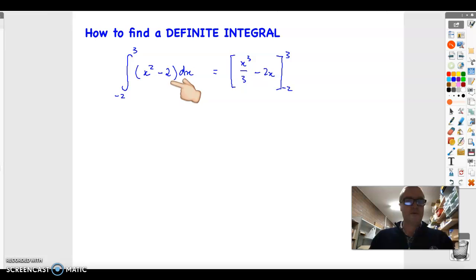So this is our small f. The large F is its antiderivative. So the antiderivative of x squared minus 2 is x cubed over 3 minus 2x. And you can see in here I'm now using a square bracket, and these boundary values, x equals -2 and x equals 3, are written at the corners of those square brackets.